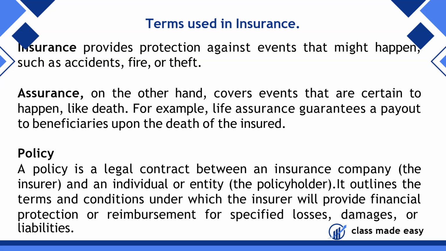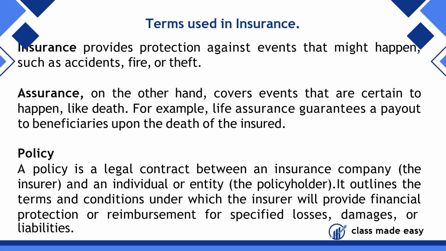And then we also have something we call assurance. What is the difference between insurance and assurance? When we talk about assurance in the insurance conversation or in the law of insurance, it is where coverage is on certain events. Those events that are sure one day are going to happen.